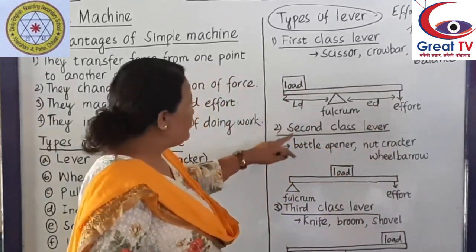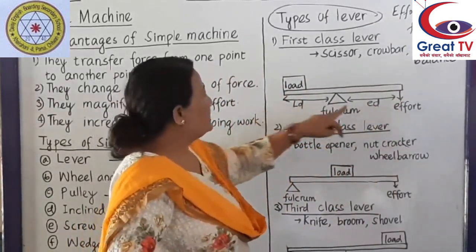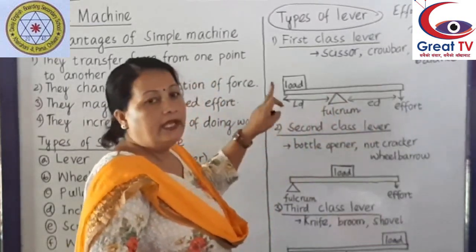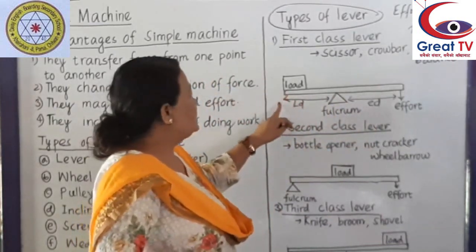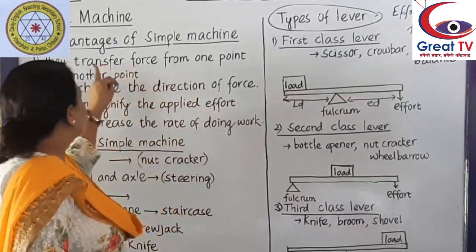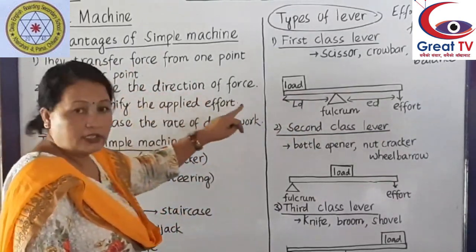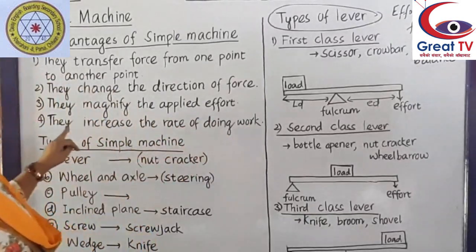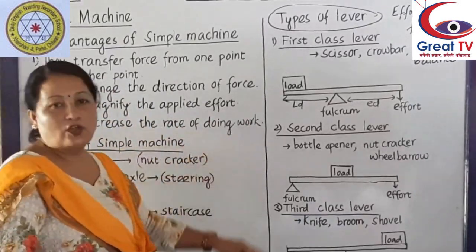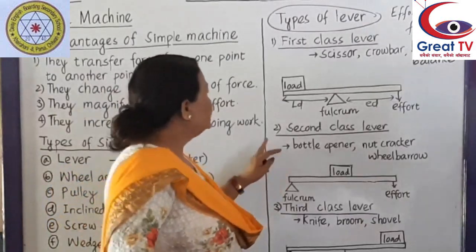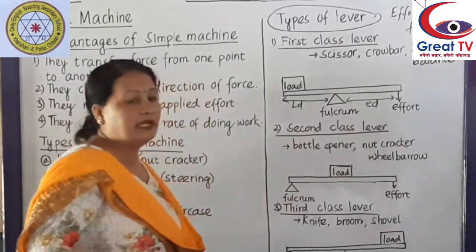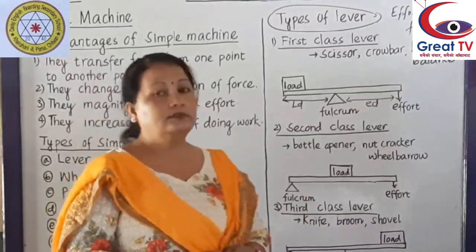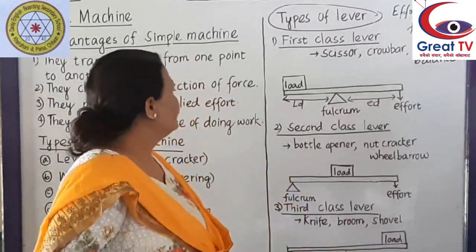In a first class lever, load distance and effort distance may or may not be equal, and so a first class lever helps us by changing the direction of force, by magnifying the applied force and by increasing the rate of doing work. Examples of first class levers are scissors, crowbar, beam balance, dhiki, etc.